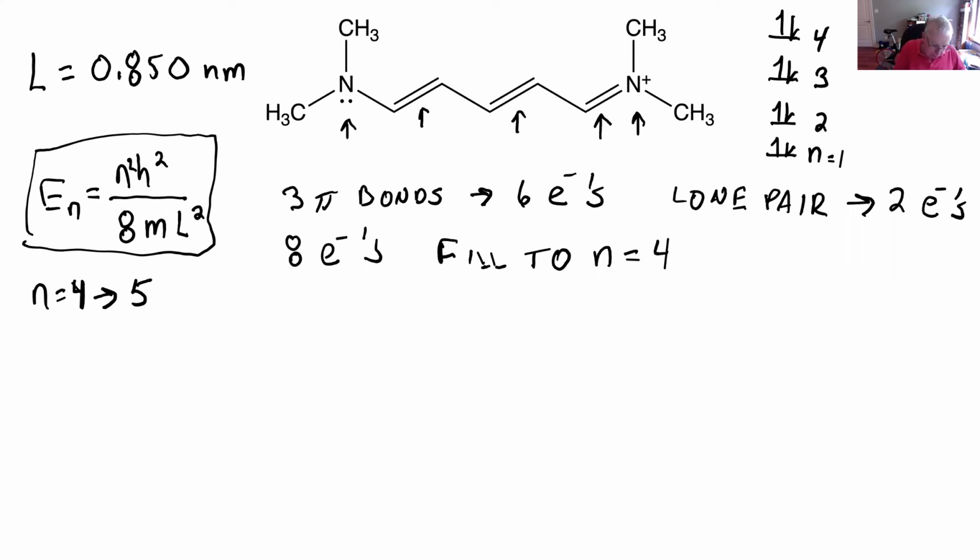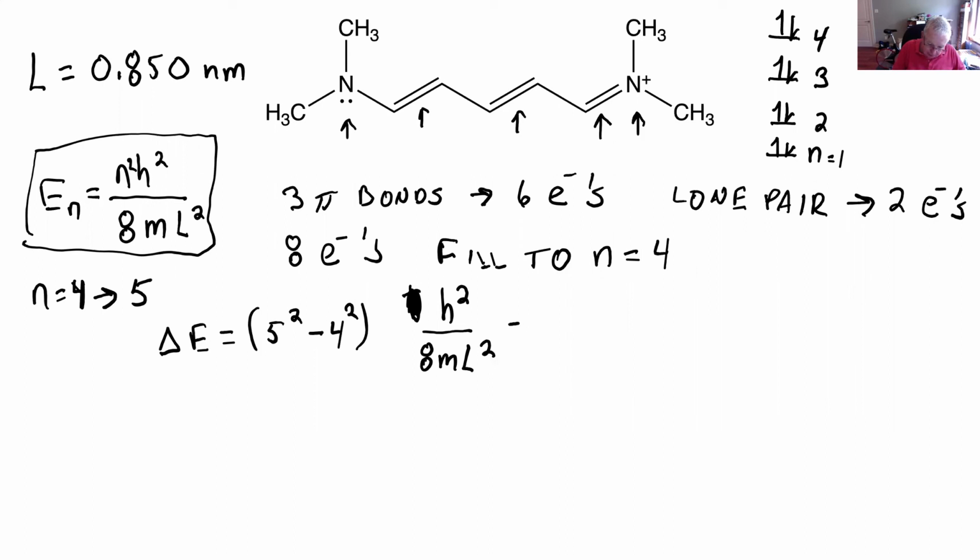So my delta E for this is going to be equal to 5 squared for the case that n equals 5, the high energy state, minus 4 squared for the lower state. And then all of that is going to be times the rest of the stuff that's there, right? Times, it's not h bar, it's h. I'm sorry. I did an h bar that I didn't need to do. So I've got h squared over 8 m L squared.